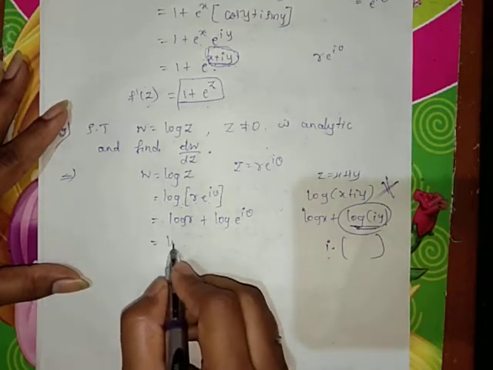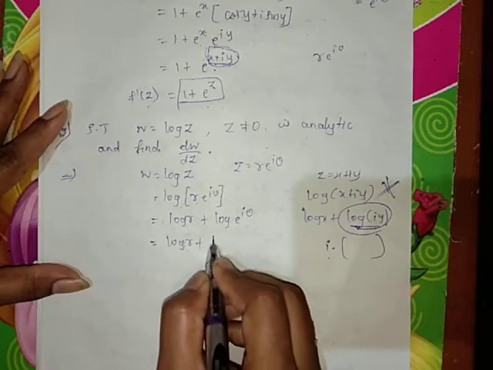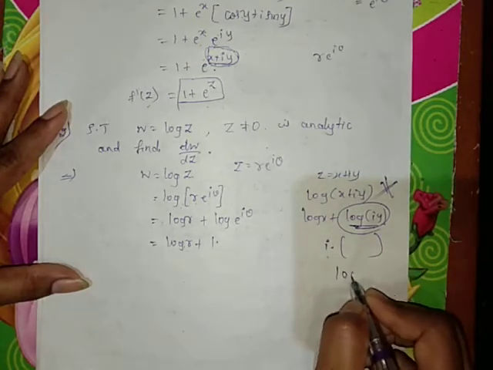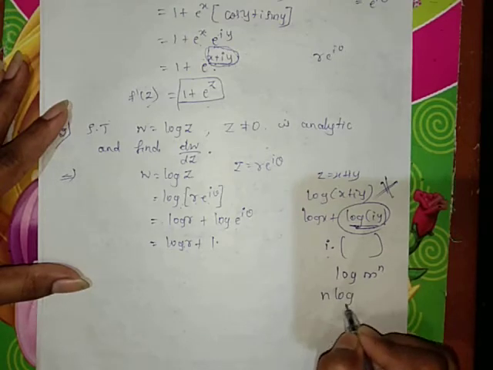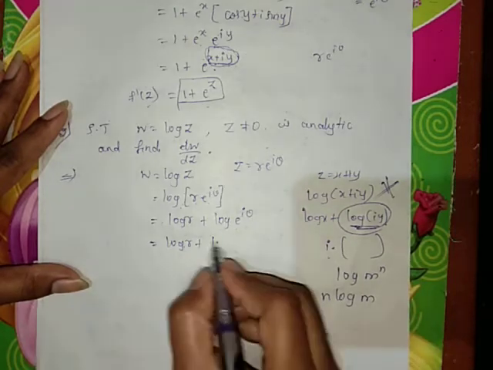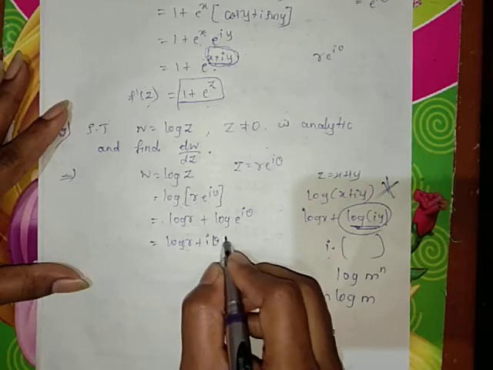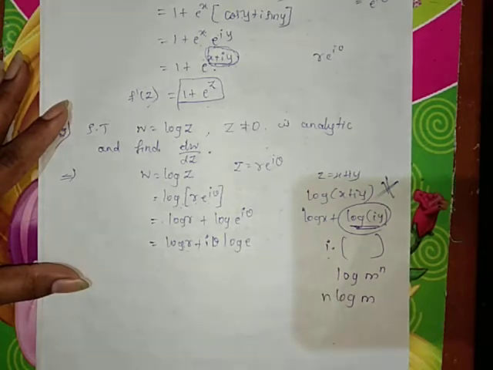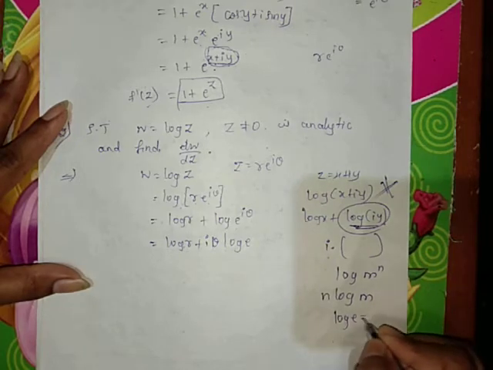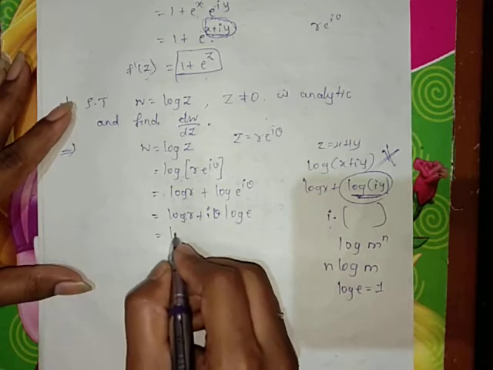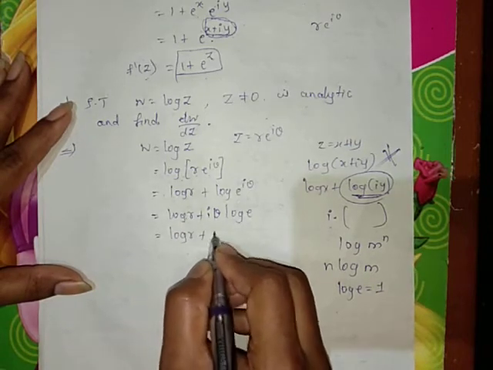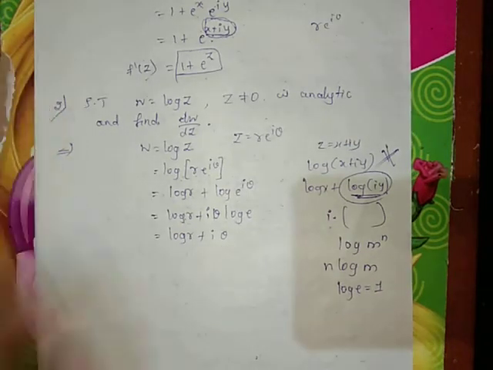Now log r plus, we know that log of m raised to n equals n log m, means i theta into log e. Log e is always 1. So it becomes log r plus i into theta.